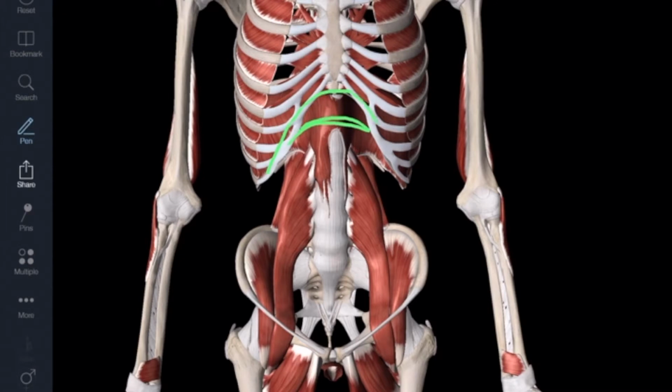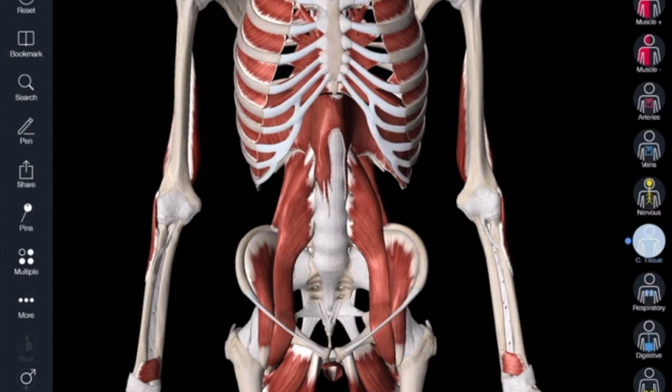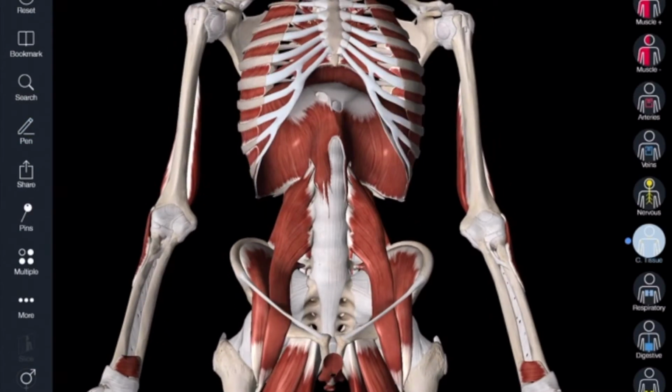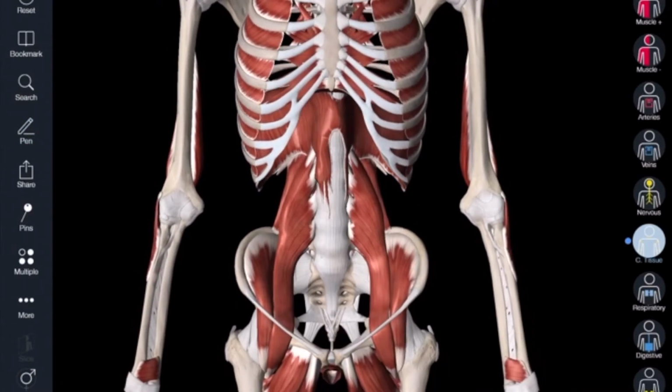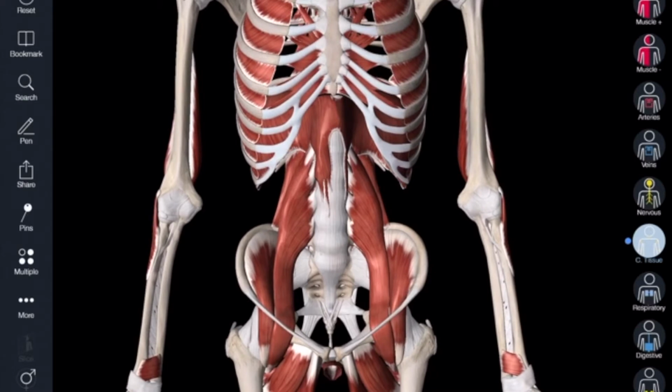So the diaphragm is a big arching thing like this when it's relaxed, and when it contracts, it flattens and lowers. When it lowers, it pulls down on the lungs, essentially increasing the size of the lungs.